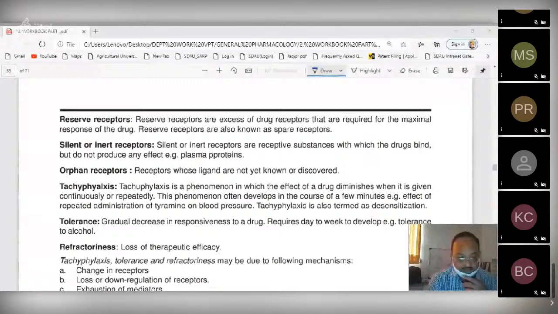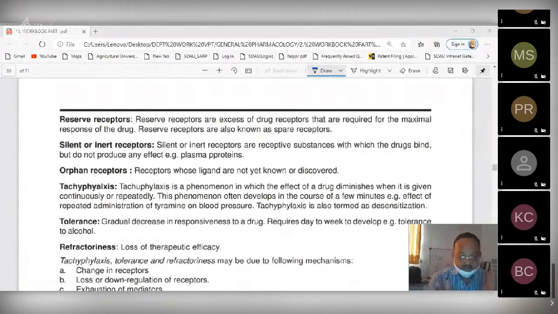Tachyphylaxis is nothing but if you continuously take a drug in small amounts, the day will come that you will not find any pharmacological benefit or effect. That means the pharmacological response will continuously diminish. So to produce the response, you will take more and more of the drug.